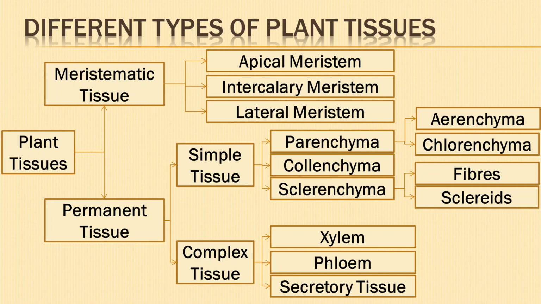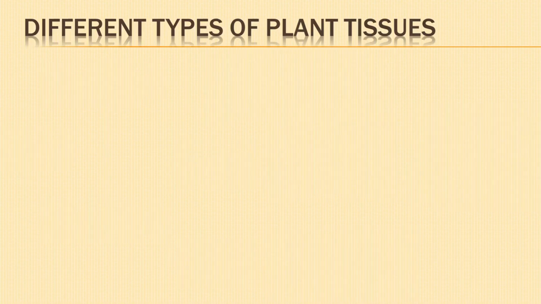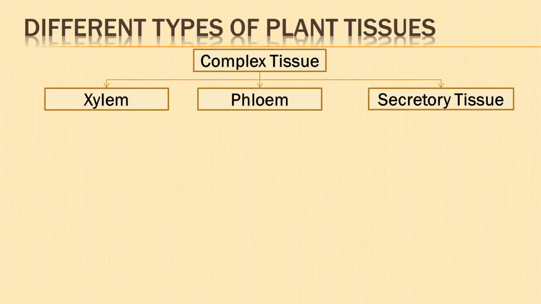They are made up of more than one type of cells having a common origin and working together as a unit to perform a common function. Xylem and phloem are mainly concerned with the transportation of food, mineral nutrients, and organic solutes.